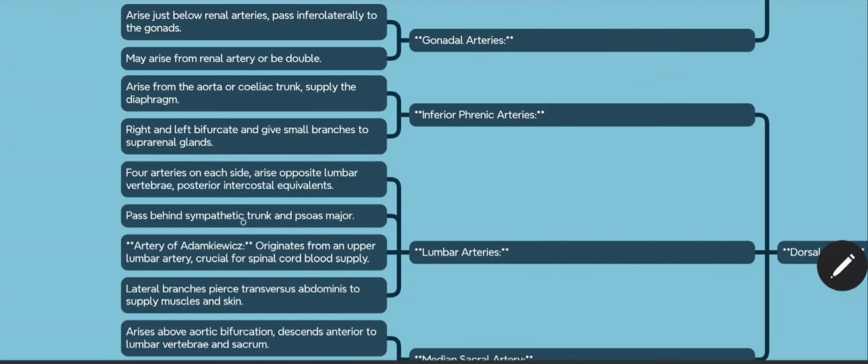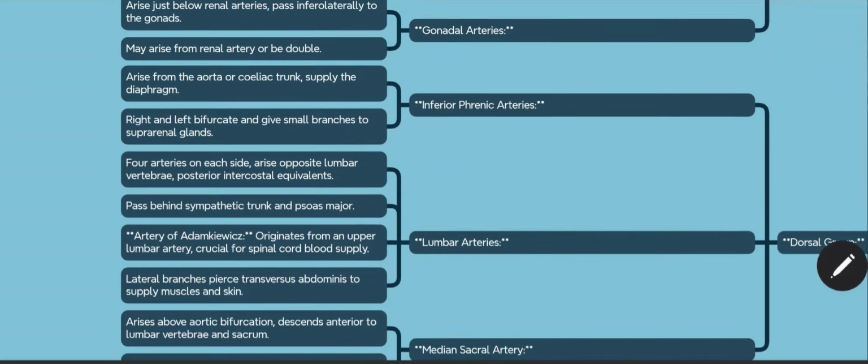They pass behind the sympathetic trunk and psoas major. One originates from an upper lumbar artery, crucial for spinal cord blood supply. That's the artery of Adamkiewicz. The lumbar arteries' lateral branches pierce the transversus abdominis to supply muscle and skin.